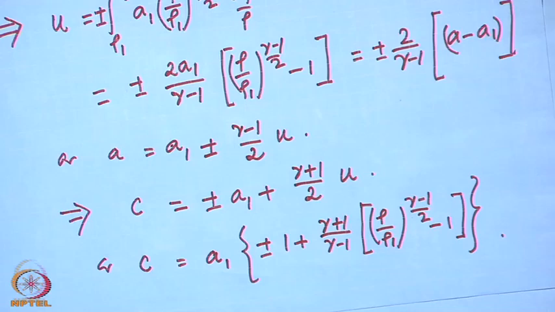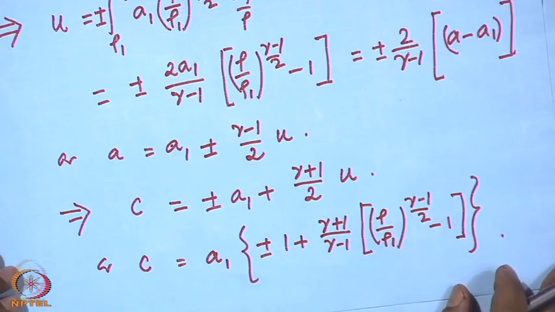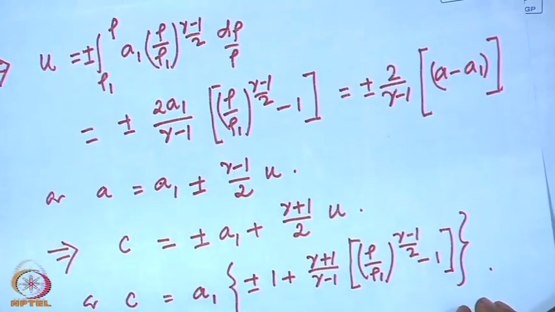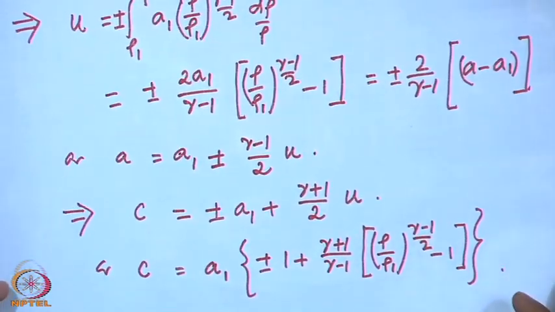Of course, the fluid in this case is a perfect gas, and this gives the local wave speed of a wave with finite amplitude or wave with disturbances which are not small.